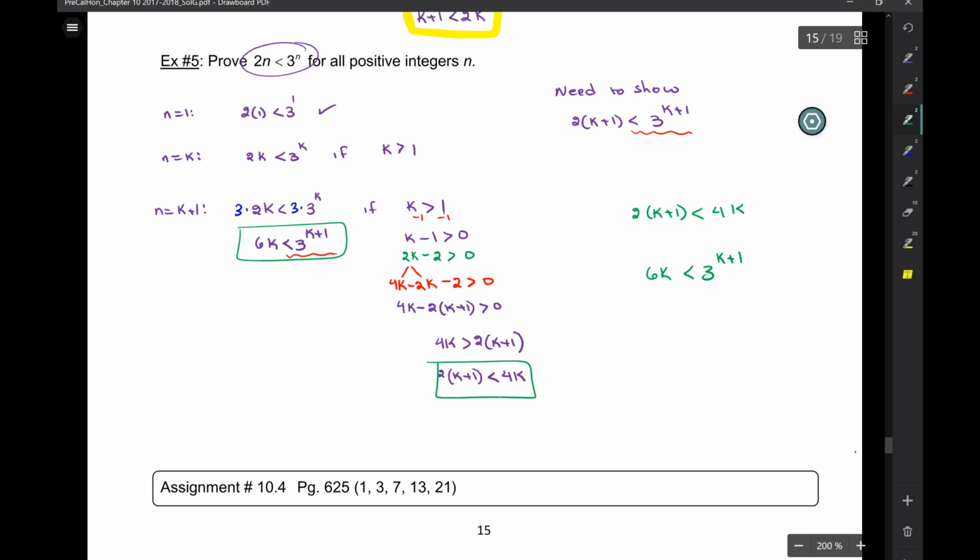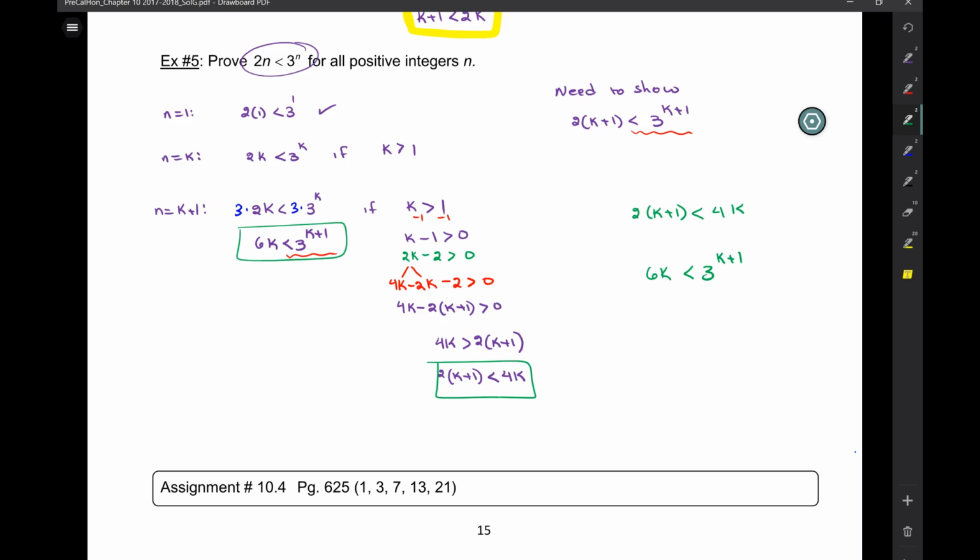Does that still work? No. Why not? Because you don't have the same thing. It doesn't matter though, because this is less than 4k, and 4k is already less than 6k, which is less than this. So it still works, doesn't it?